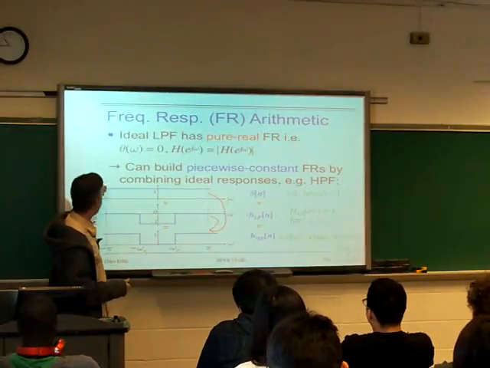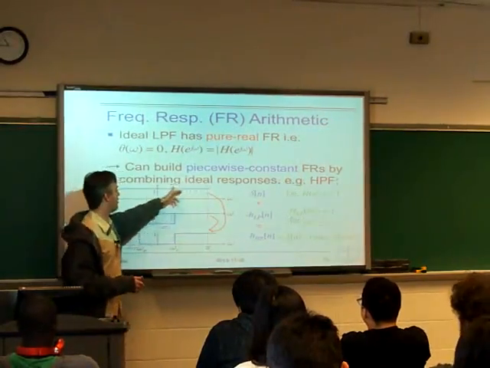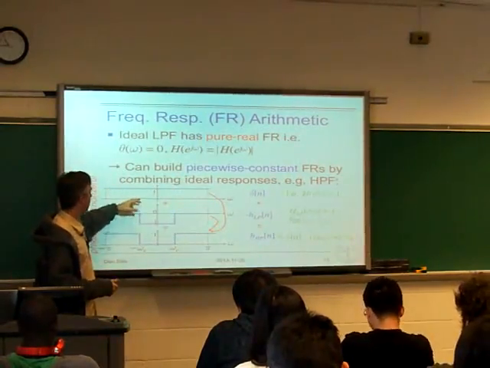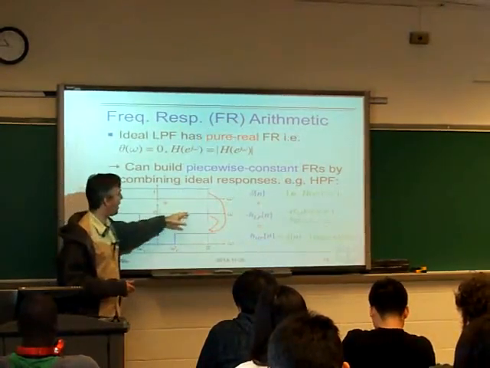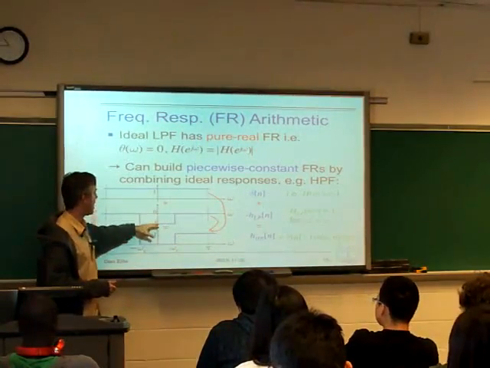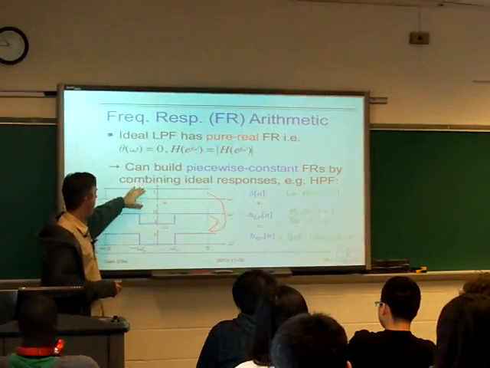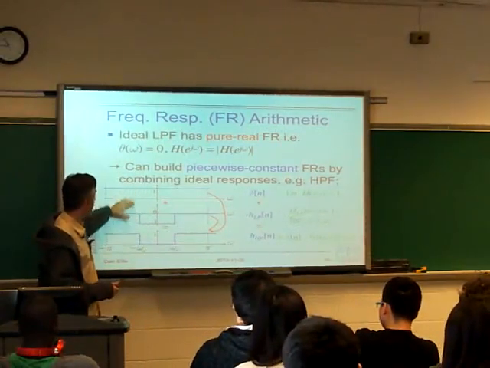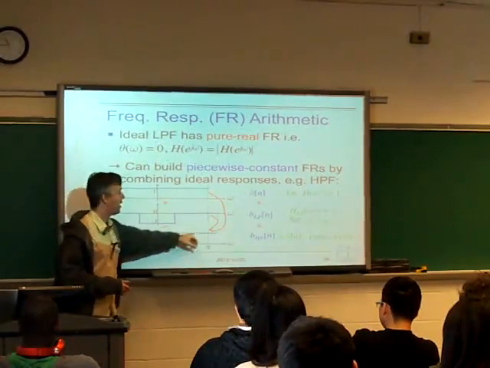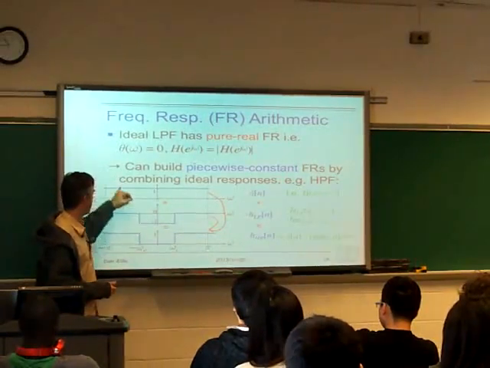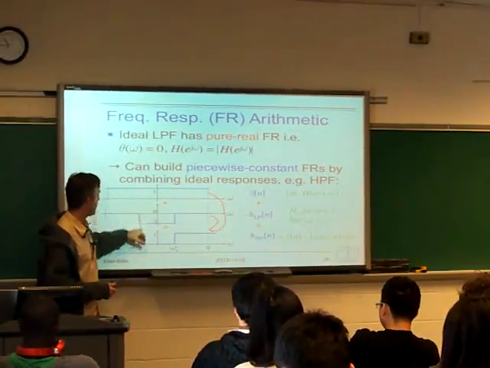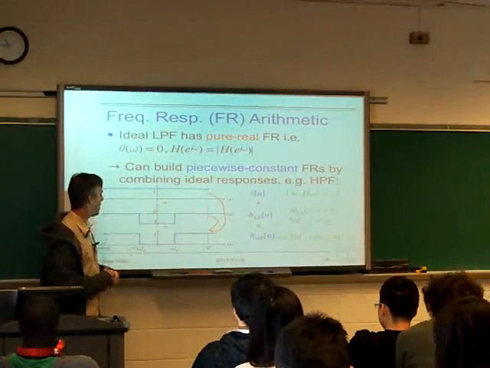So in the frequency domain, we take something constant, 1 at all frequencies, and add on the negative of our low-pass filter, which has a gain of negative 1 at low frequencies and 0 at high frequencies. If these are all pure real, they simply add up, and we get this high-pass response, 1 in the high frequencies, but cancelling to give us 0 in the low frequencies.